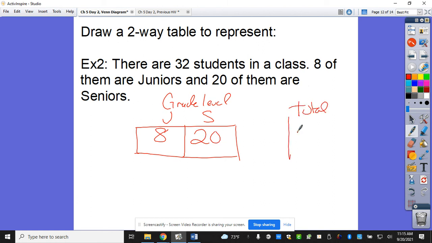How many total are there? Which means there's also something that is neither, but that's not a two-way table because it's just one variable. So you can only technically do a two-way table for anything that is a two-variable concept.